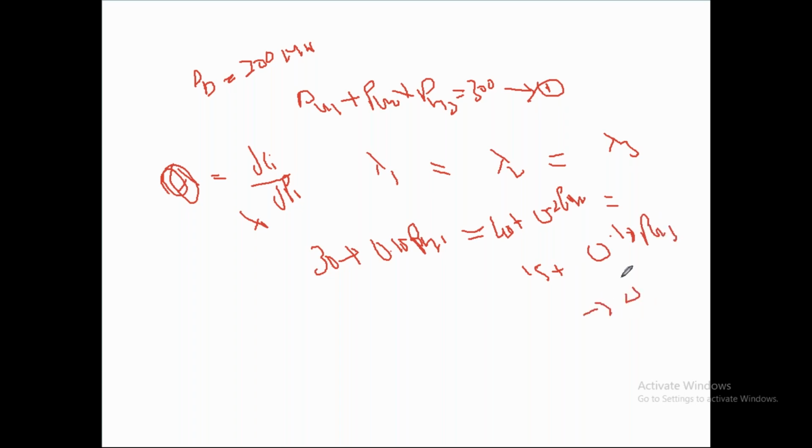So this is equation number 2. Just equating all the equations, that is lambda 1, lambda 2 and lambda 3: 30 plus 0.15 Pg1 equals 40 plus 0.2 Pg2 equals 15 plus 0.18 Pg3.